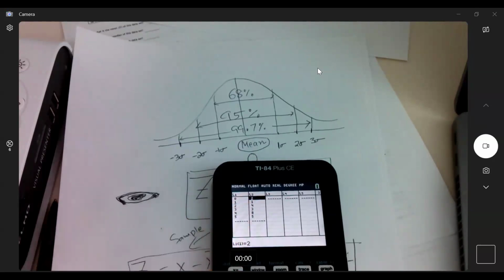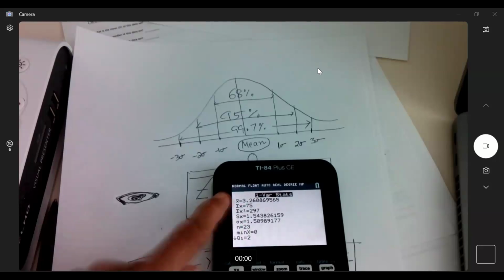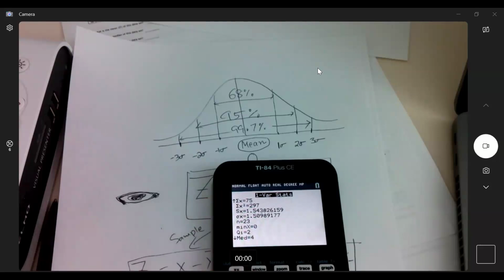Then I go to stat, I go to calc, one variable stat, say enter, list is L1, frequency list L2, and calculate. When you calculate, you're going to have the mean, and as you scroll down, you're going to have the median as 4.